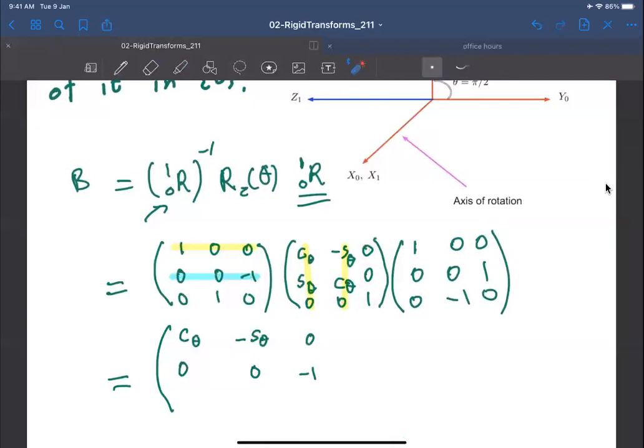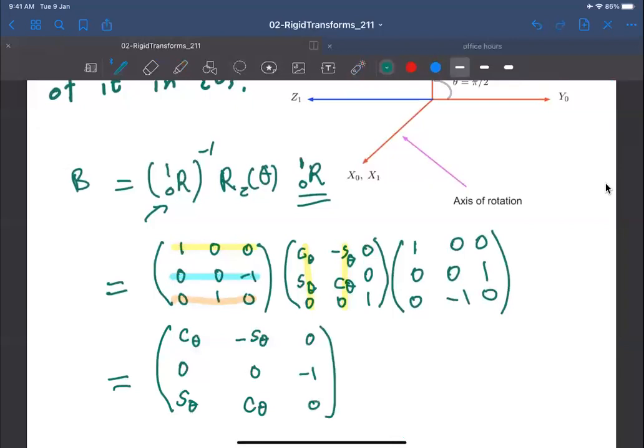Okay, let's dot product the final one, pick a different color here, with these columns. So 0, 1, 0 means that I'm picking the second element in the columns. So the first one is going to be sine theta, and then it's going to be cosine theta, and then it's going to be 0.